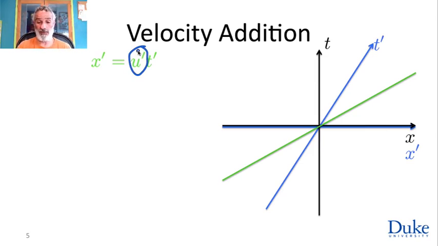Now, both observers will agree that this thing is moving. They will not agree on its speed relative to them. Let's compute the speed that the black observer measures for this green object, for which the blue observer measures a speed u prime. Well, how do we do that? This equation describes the motion in the blue observer system, and the coefficient gives us the velocity.